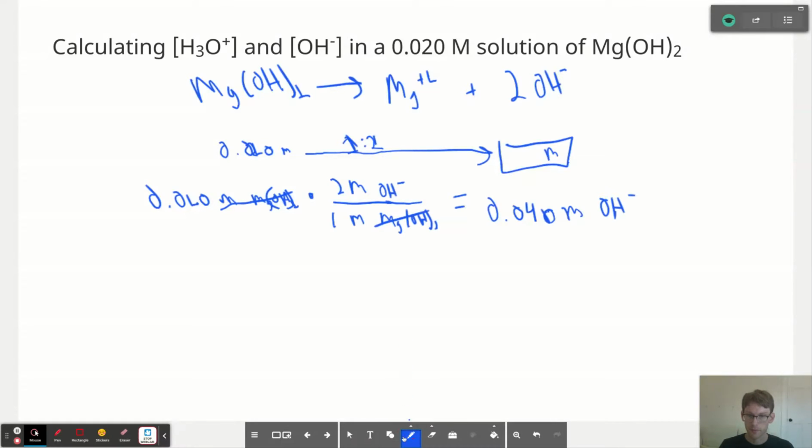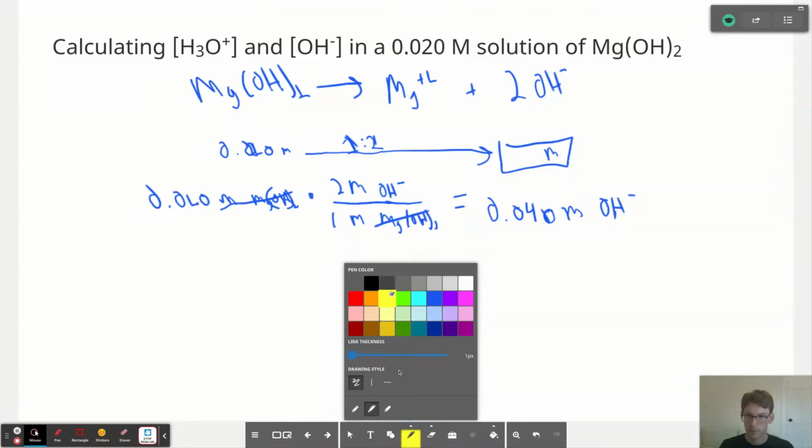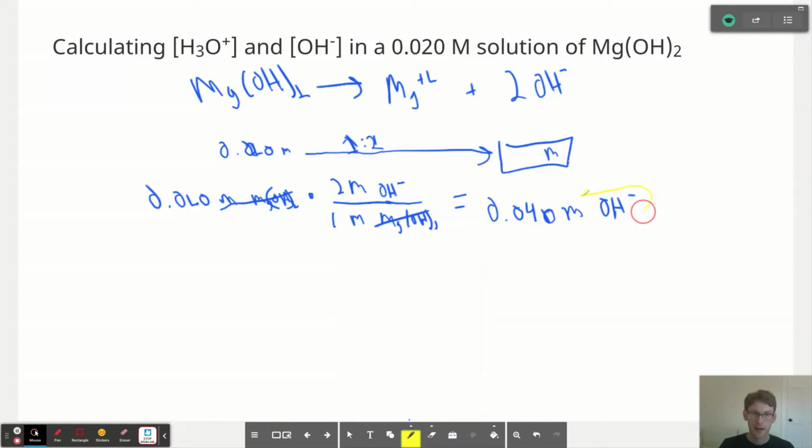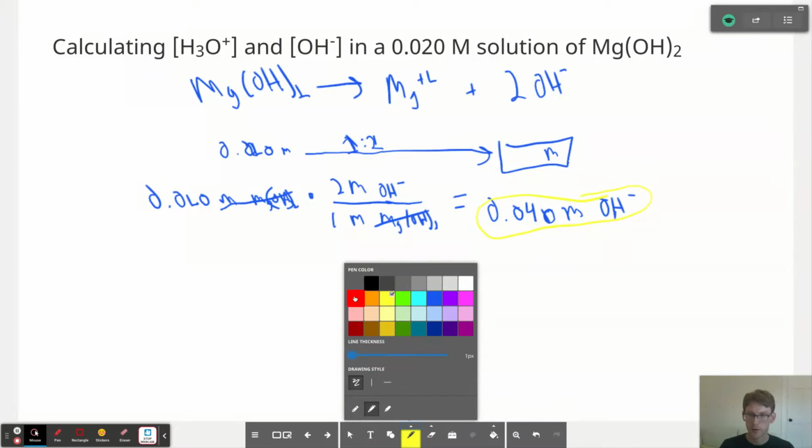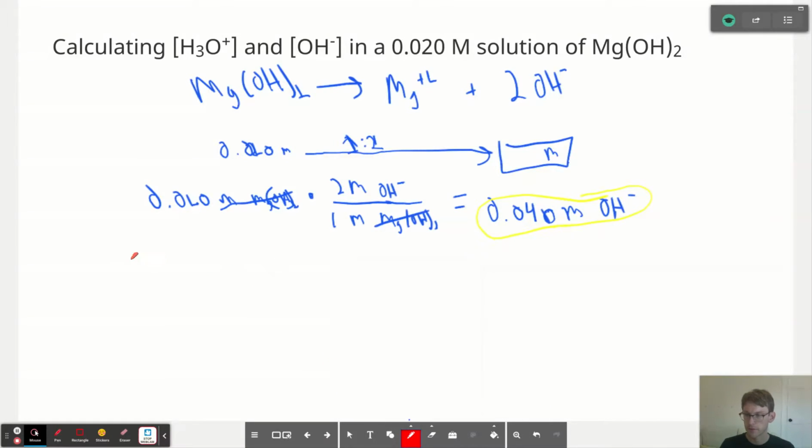This is one answer, which I will circle in yellow. But now for our hydronium, which I'll do just for fun in red, Kw is equal to 1.0 times 10^-14, always at 25 degrees Celsius. And that is equal to my 0.040 molar hydroxide times my concentration of H3O+.